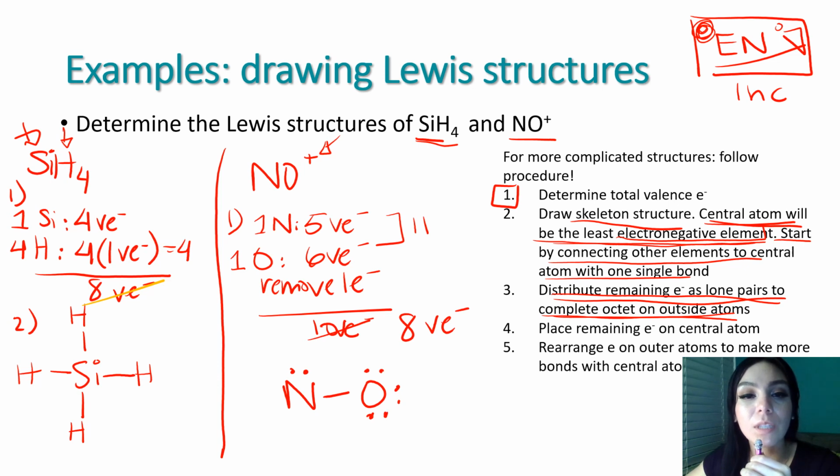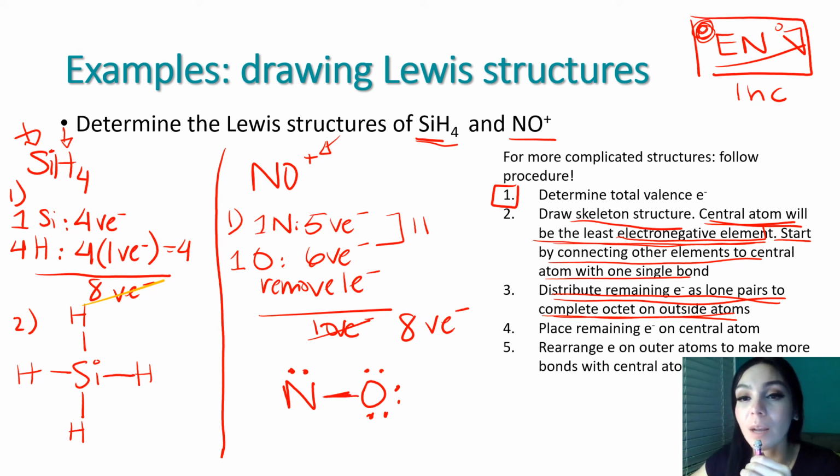Okay, cool. So let's check if things have octets around them. So this oxygen has an octet around it. It has 1, 2, 3, 4, 5, 6, 7, 8. So oxygen's happy. Is nitrogen happy? No, it only has this lone pair up here and then this bond. That's a total of 4.